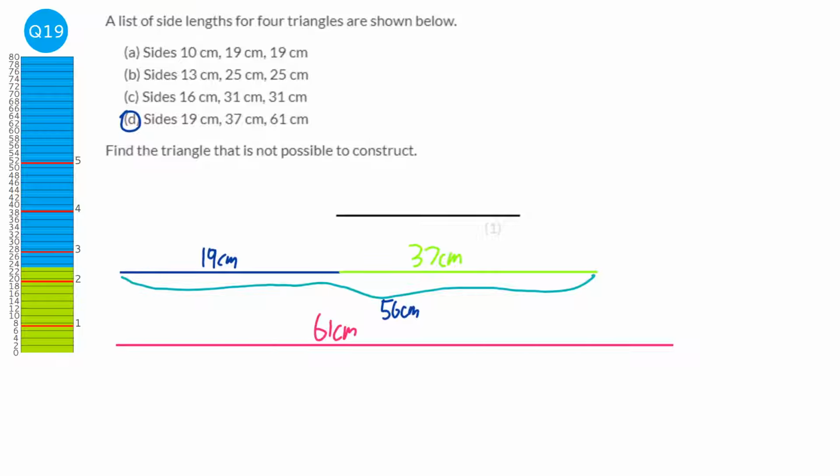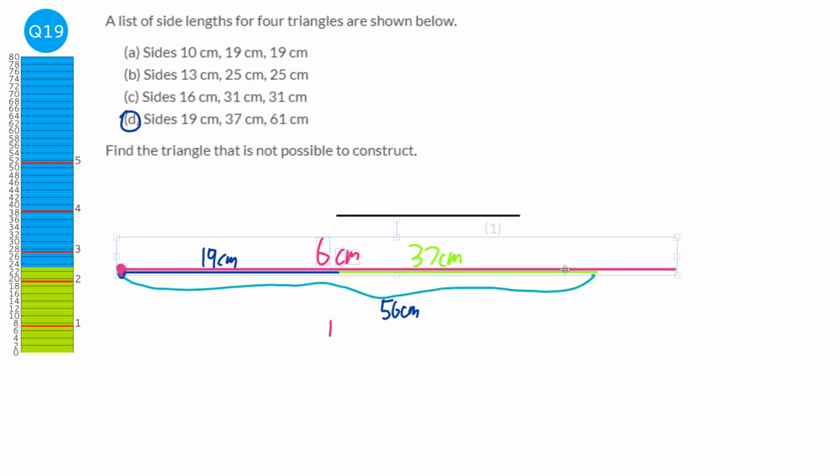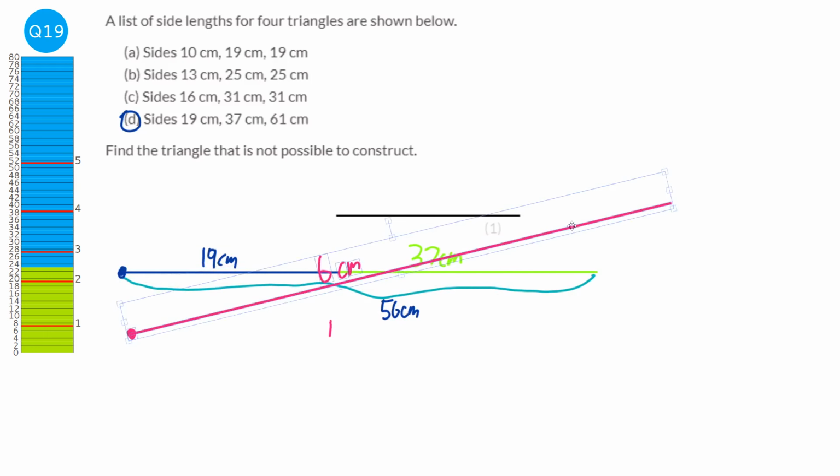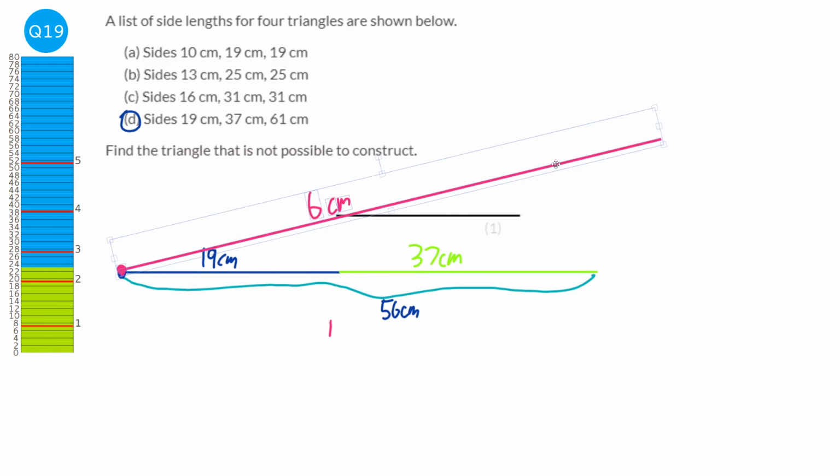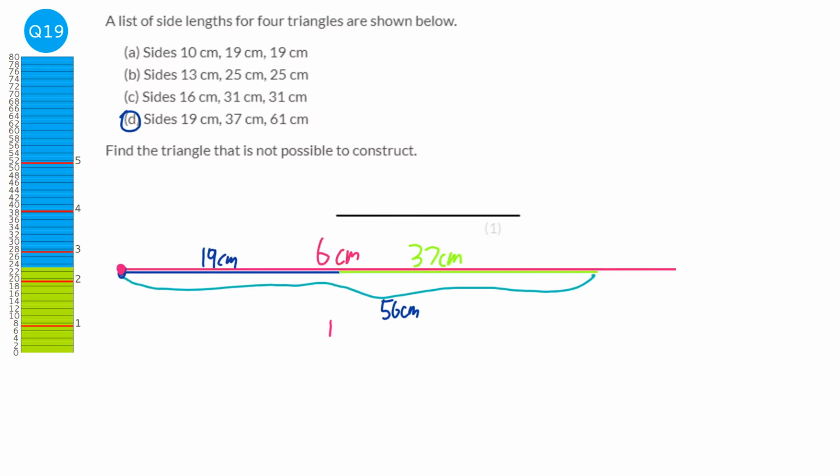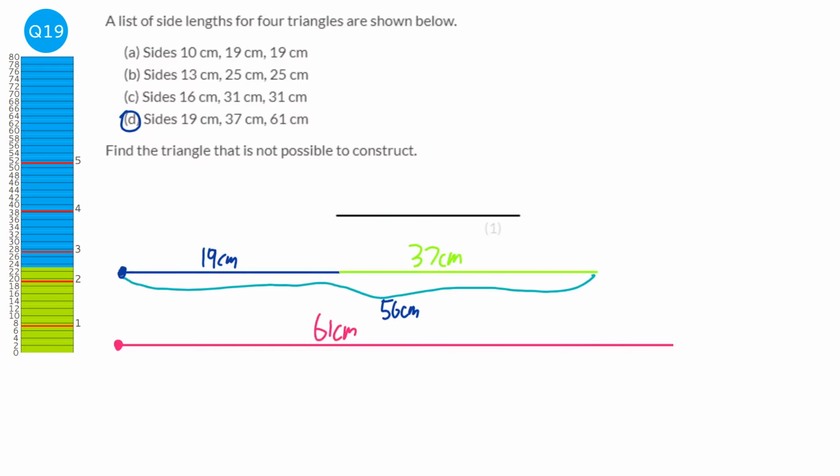So we could move this whole stick here onto this side here, but we can't actually make a triangle with it because the two lengths that we've got won't ever reach the end bit here. They just won't ever reach that bit to be able to create the triangle. And I'm just going to put that back. So our answer is option D.